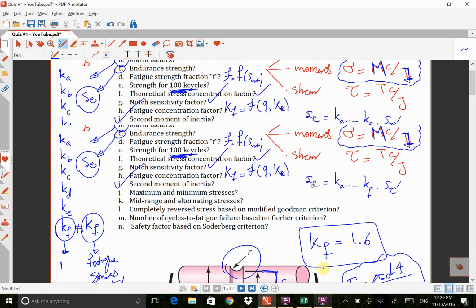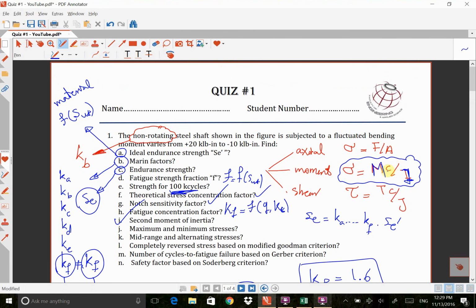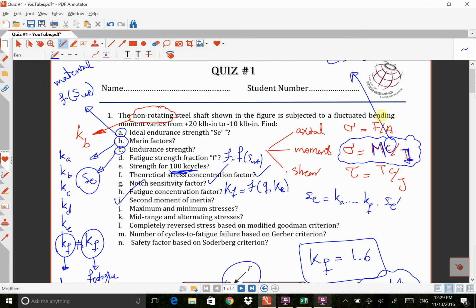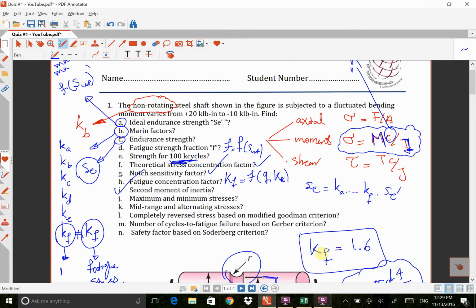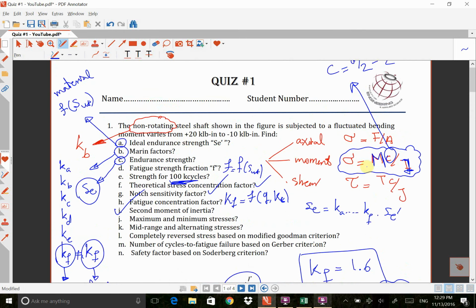So C is d over 2. In this case, that's just 2 because d is given to us, d is 4. So we can put the 20 here. We found the maximum stresses and minimum one.